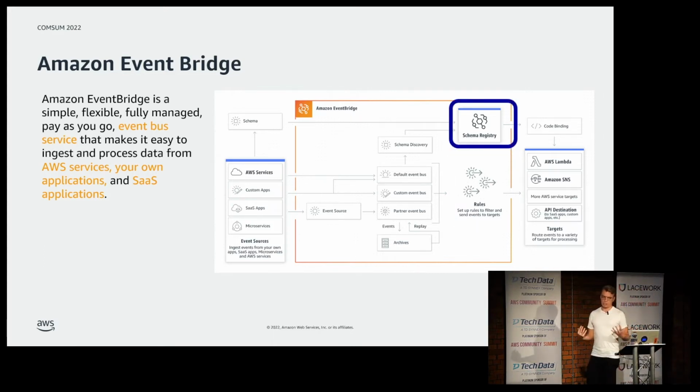A final feature of EventBridge that I just wanted to touch on is the schema registry. If you enable schema discovery on your event bus, EventBridge will start to monitor the events that are flowing through your bus and actually generate you a registry of all the schemas that are flowing around.